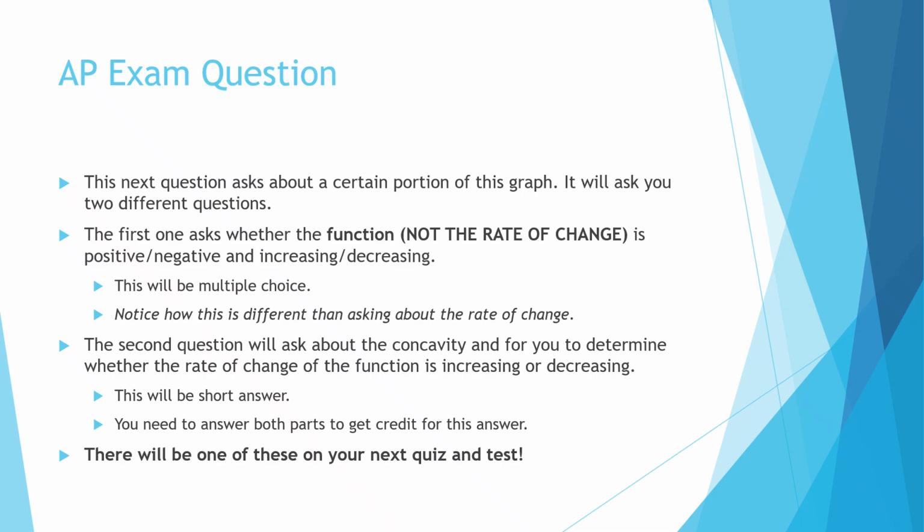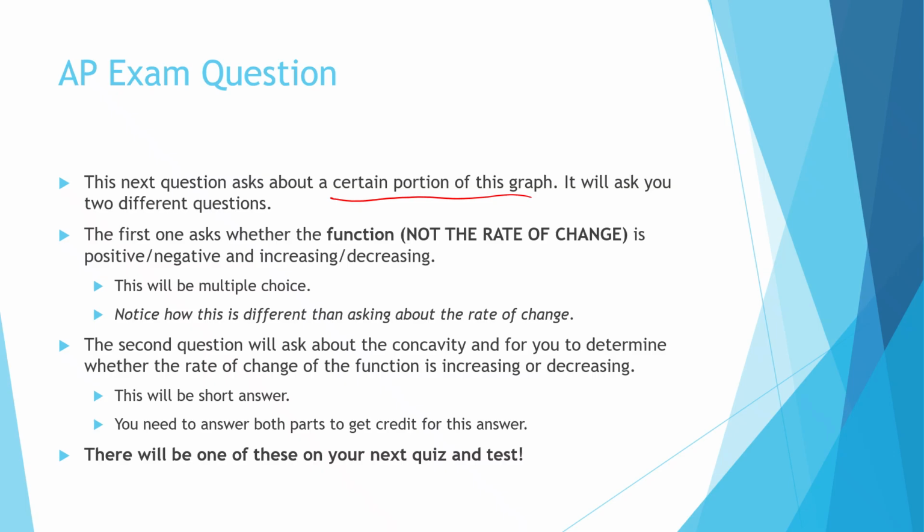Right, so you will see an AP exam question and a question like this in your first quiz and your first test, where I will give you 5 coordinates and ask you about a certain portion of a graph. It will ask you 2 different questions, and we'll see an example in just a minute.